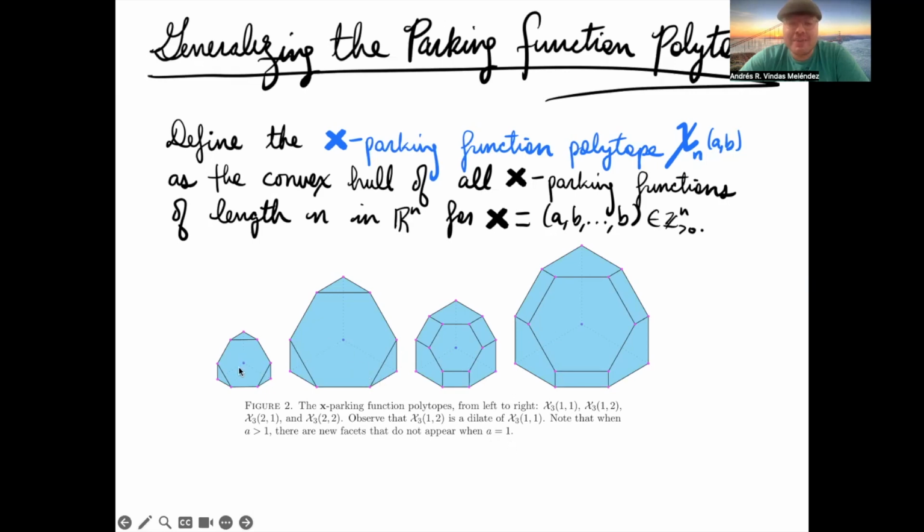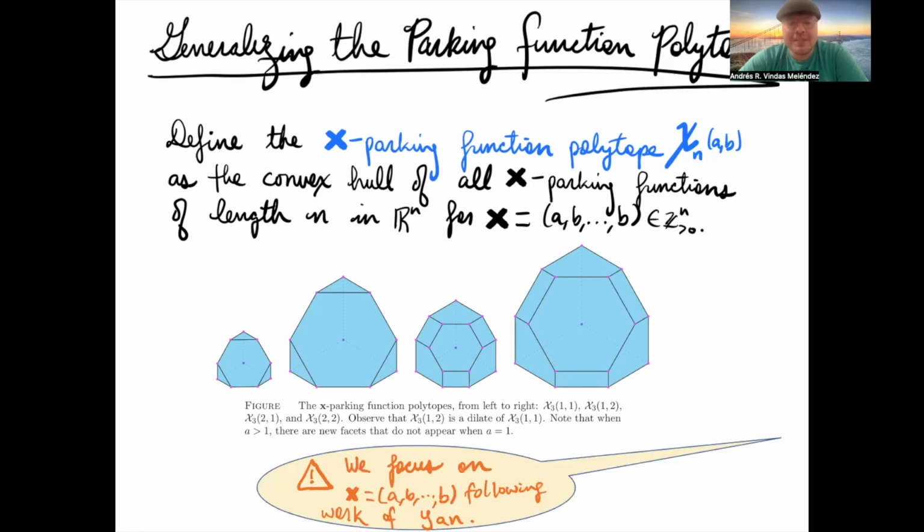So here, a is equal to 1, and we see that these are combinatorially equivalent. But when a is greater than 1, in this case a is equal to 2, we see that other facets appear. Okay?